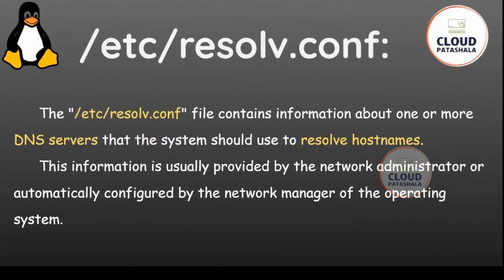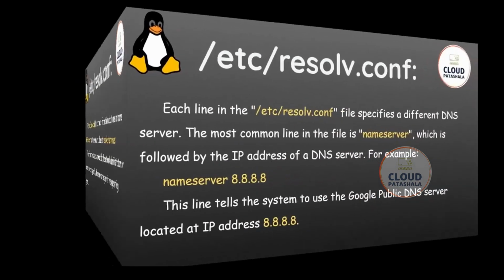The /etc/resolv.conf file contains information about one or more DNS servers that the system should use to resolve the host names. This information is usually provided by the network administrator or automatically configured by the network manager of the operating system.